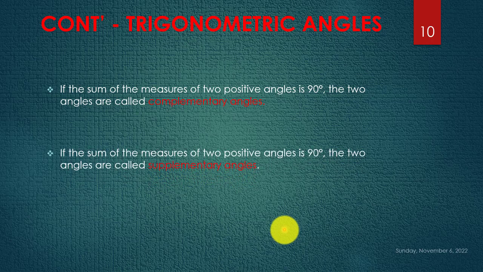2. If the sum of the measures of two positive angles is 180 degrees, then the two angles are called supplementary angles. So there is a mistake here. It should be 180 degrees.